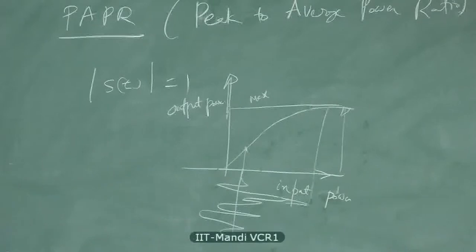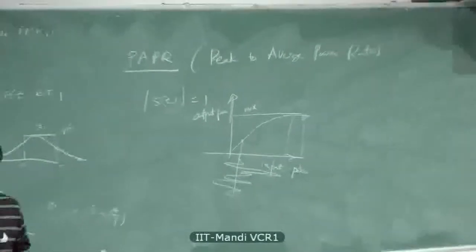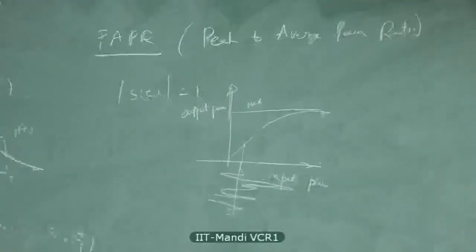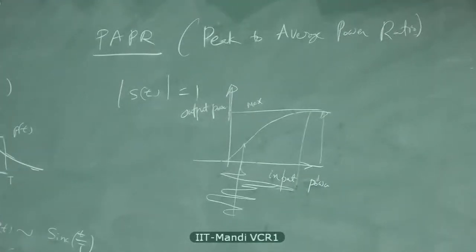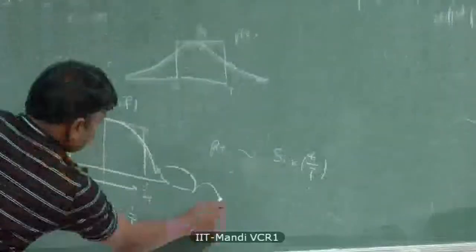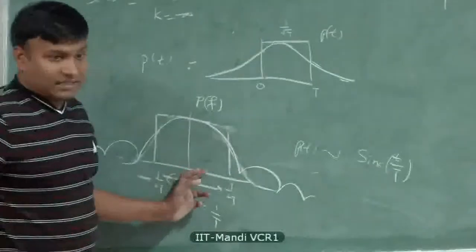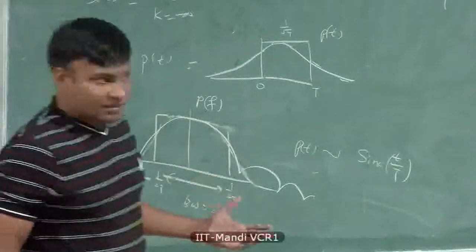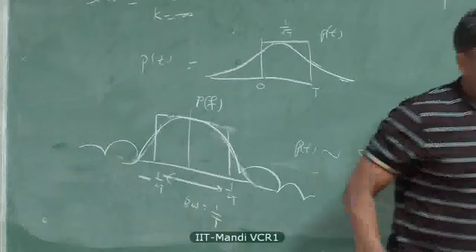So whenever you have such distortion, the spectrum of the signal will get altered. So instead of having a spectrum like this, if it goes through a nonlinear power amplifier, you may see a characteristic like this. Because whenever it goes through a nonlinear device, the side lobes would grow.